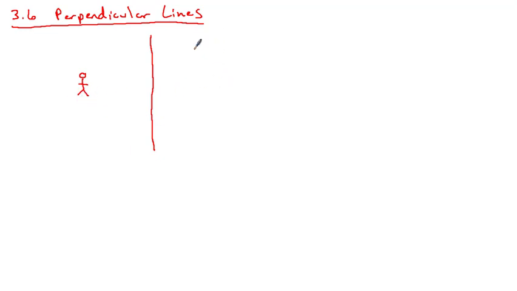And if the question was asked, how far away is the wall? Let's say you see this scenario and somebody says, hey, how far is the wall? Well, from where the person's standing, I don't think anybody would measure like this, right?